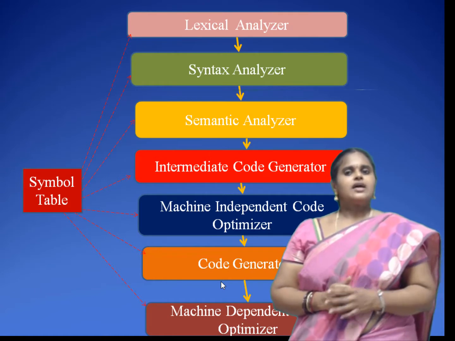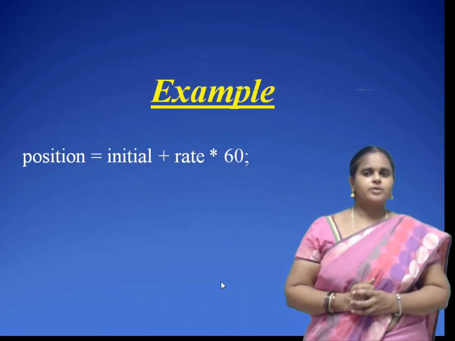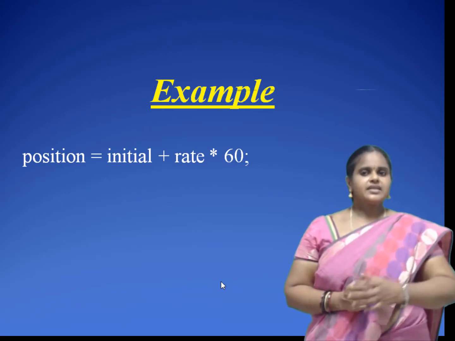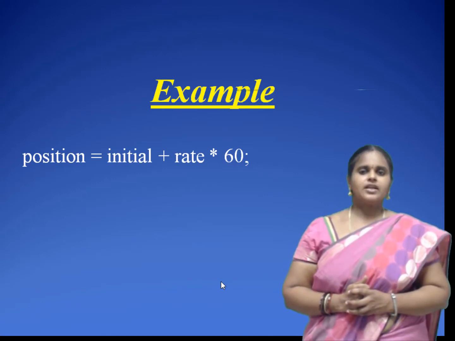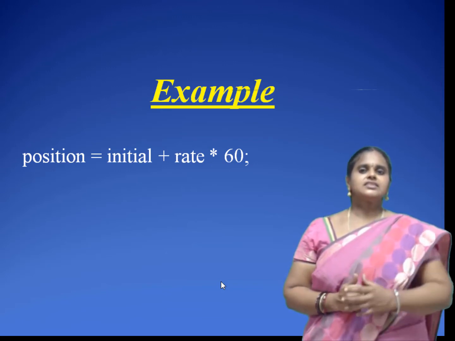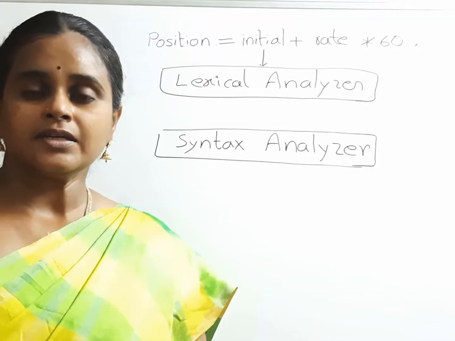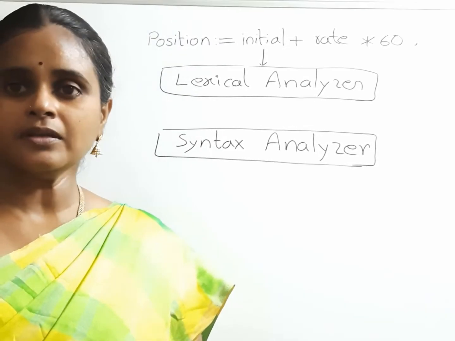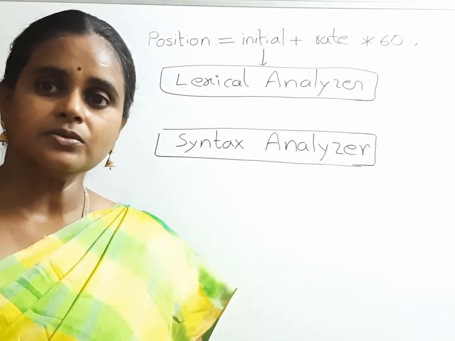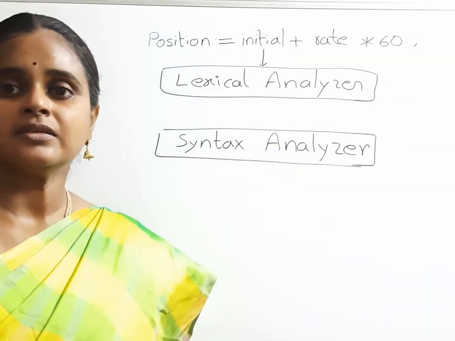I will explain each and every phase, how each phase is performed, with an example. Consider the example: position = initial + rate * 60. This is a C instruction. Dear students, consider this example: position = initial + rate * 60, with a semicolon at the end.